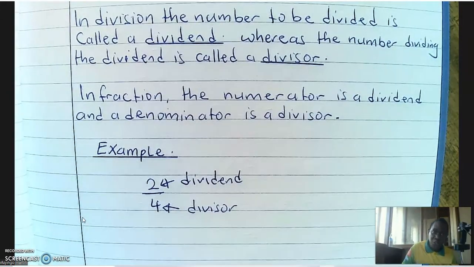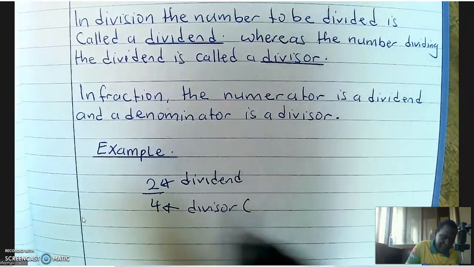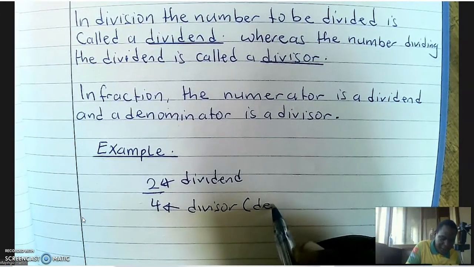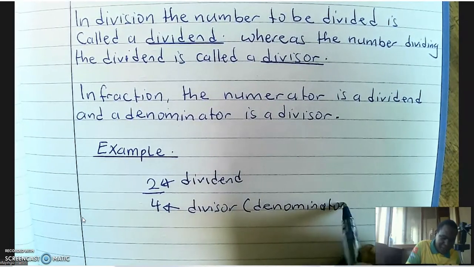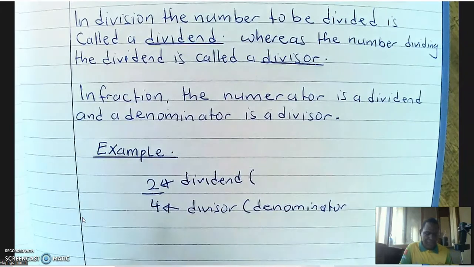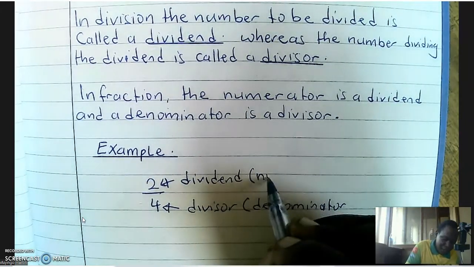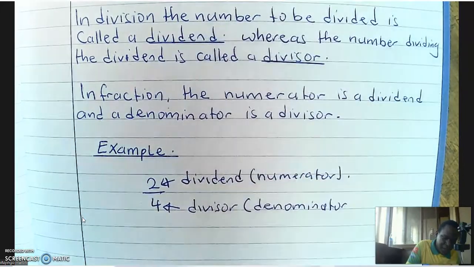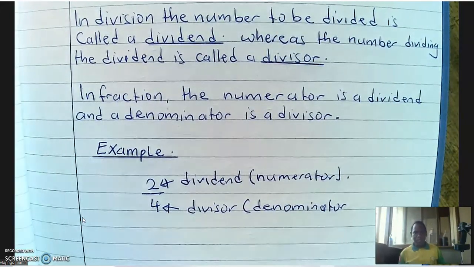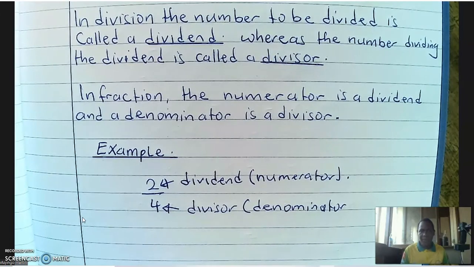In simple language, which you know from primary, the divisor is called the denominator, whereas the dividend is called the numerator. That's what we call a fraction.